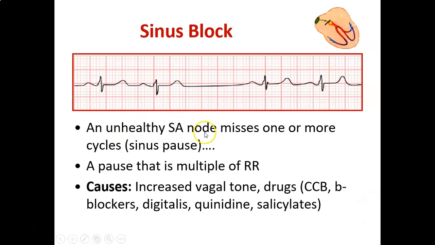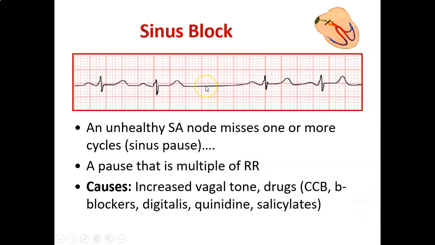An unhealthy SA node misses one or more cycles. Like here you see one cycle is missed. So this pause is of one cycle here. In case of sinus block, there is a pause that is a multiple of RR.